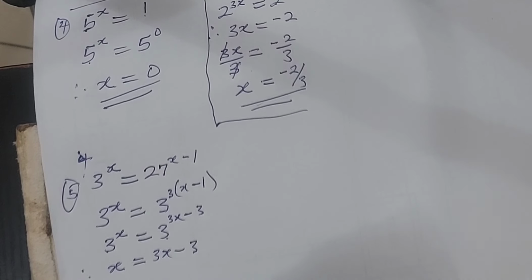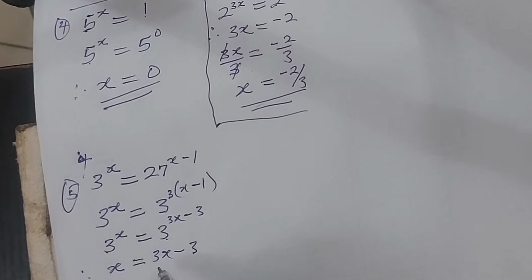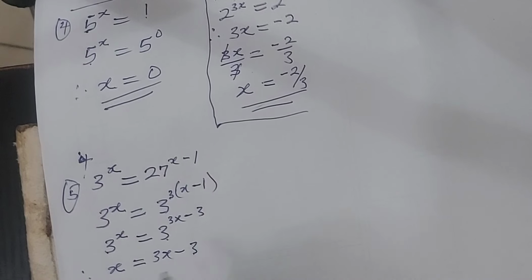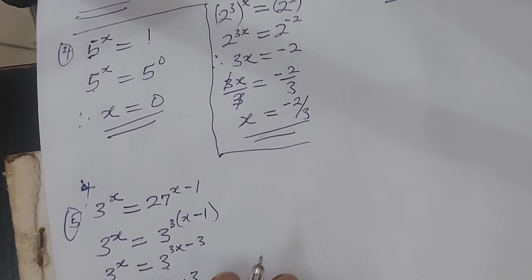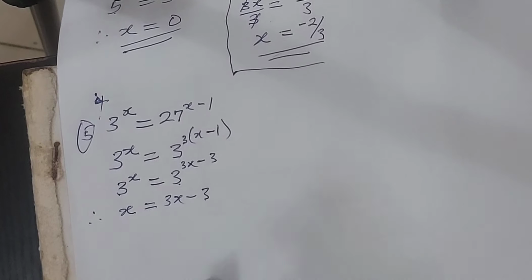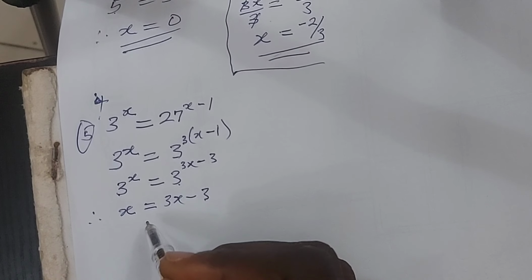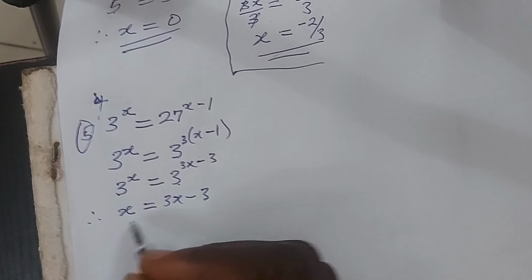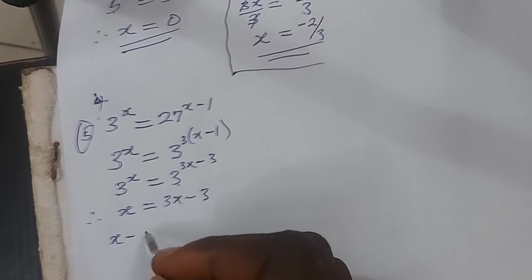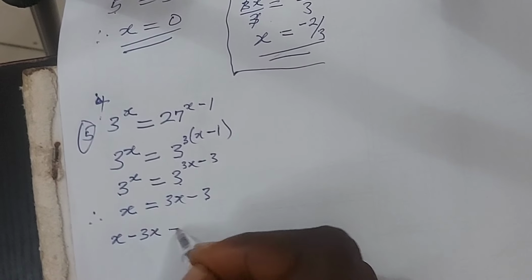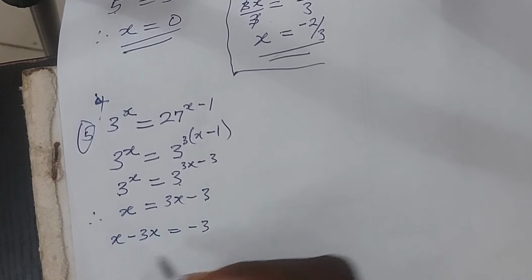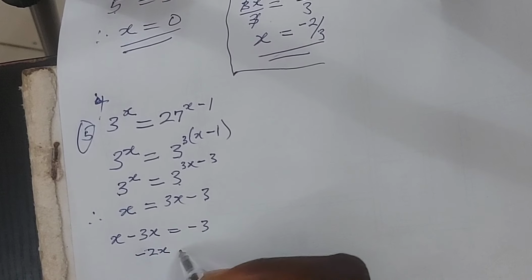In this case, we collect the like term, alphabet to one side and the number to one side. So we have x minus 3x is equals minus 3. X minus 3x, we have minus 2x, which gives minus 3.